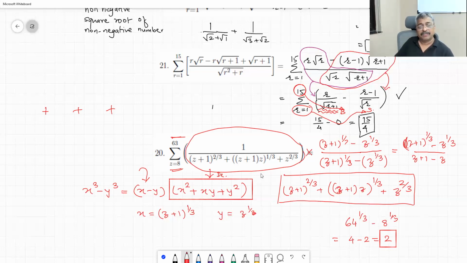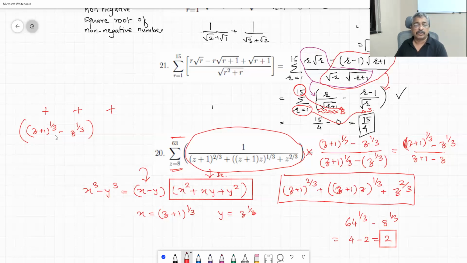See, this problem is designed like this only. You start with z plus 1 raised to 1 by 3 minus z raised to 1 by 3. Is this a telescope? Yes. Now you damage this term algebraically so that it is extremely difficult to restore that position.